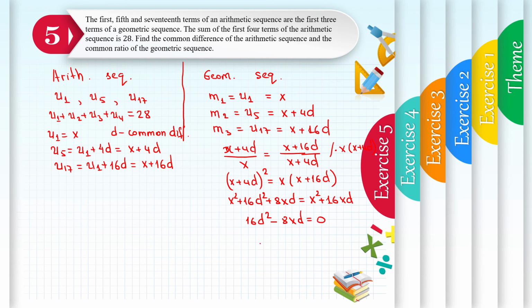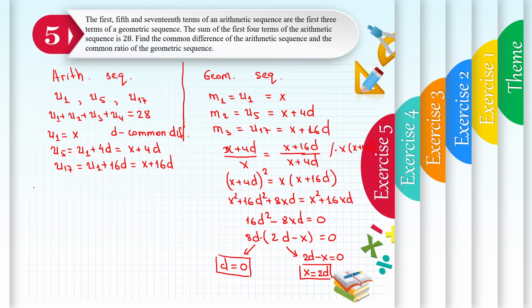If we factorize the left side, we get 8d, a common factor, times (2d minus x) equal to 0. So this implies that either d is equal to 0 or 2d minus x is equal to 0, so x is equal to 2d.